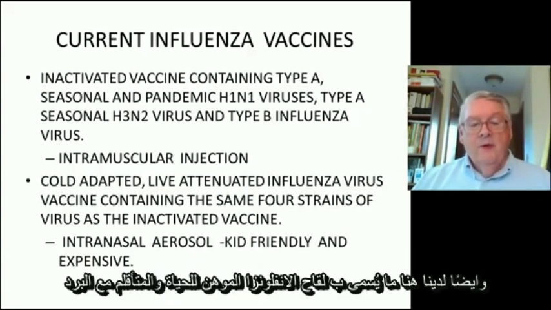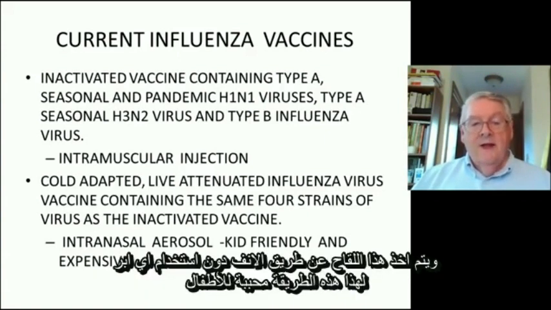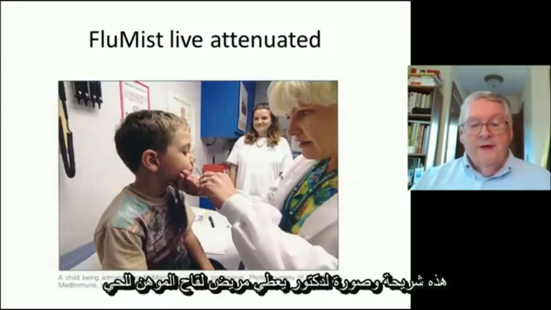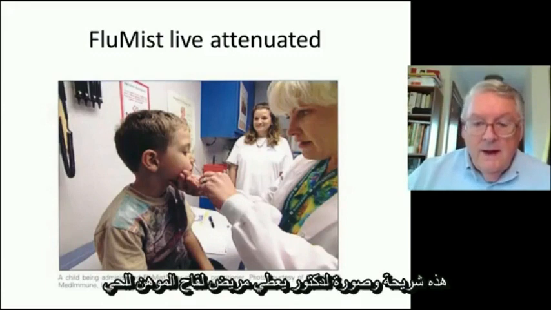We also have what's called a cold-adapted live attenuated influenza virus vaccine, which contains the same 4 strains of virus as the inactivated vaccine and is delivered intranasally, so there are no needles. It's kid-friendly, but it is kind of expensive. This is a slide of somebody giving the live attenuated vaccine to a patient.